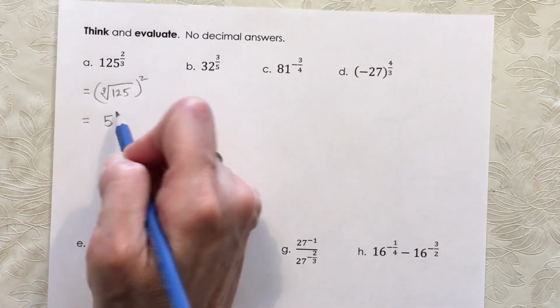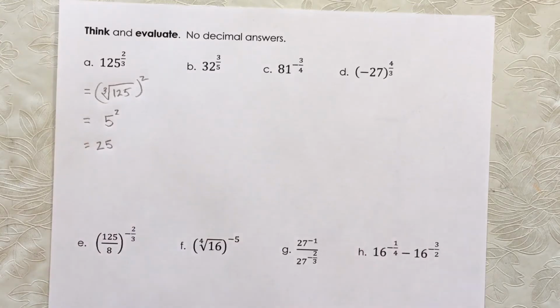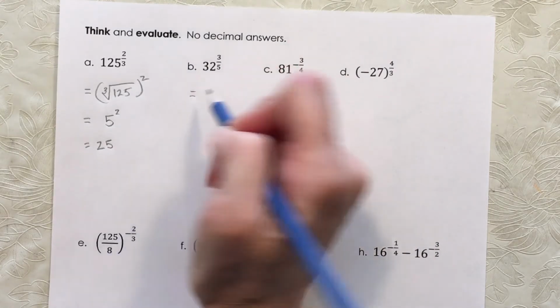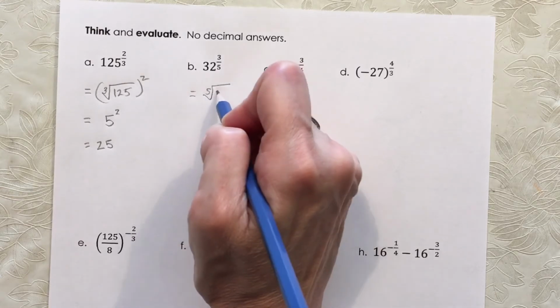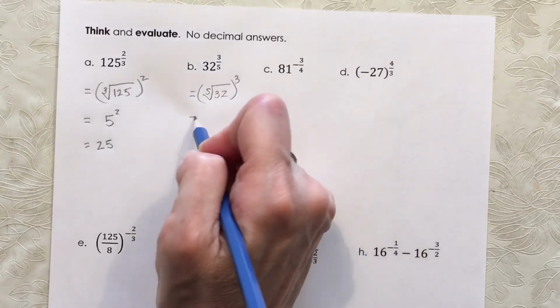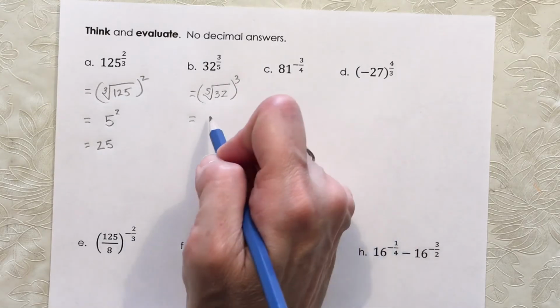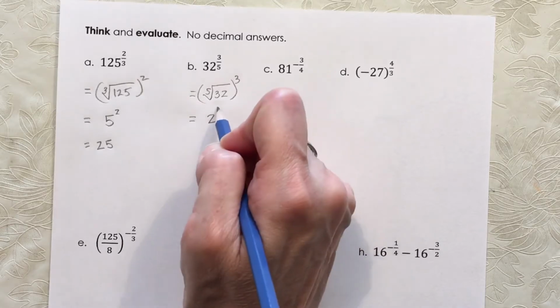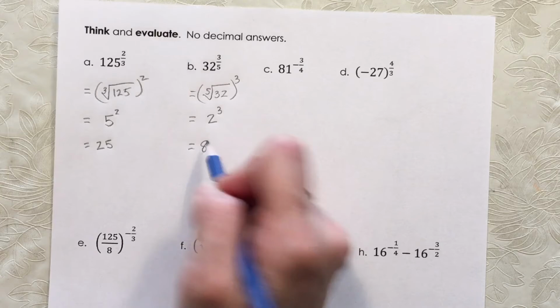That's 5, squared is 25, because 5 times 5 is 25. 32 to the 3/5, so we want to do the fifth root of 32 cubed. The fifth root of 32 is 2, but we're still cubing it. 2 cubed is 8.